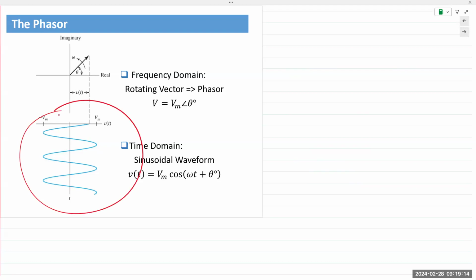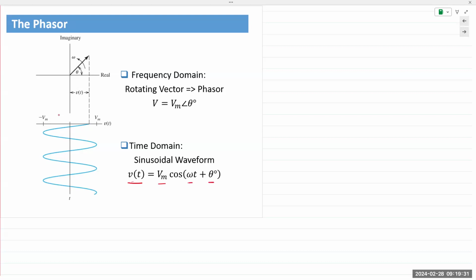That quantity can be voltage, can be current. Here we use voltage V of t, and we already saw this expression. V of t is equal to Vm cos of omega t plus or minus theta.